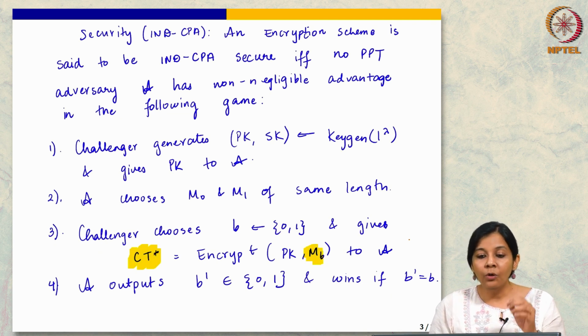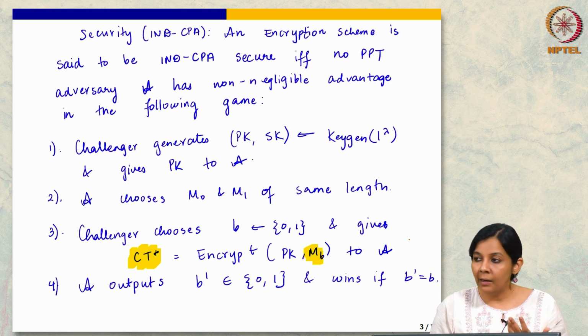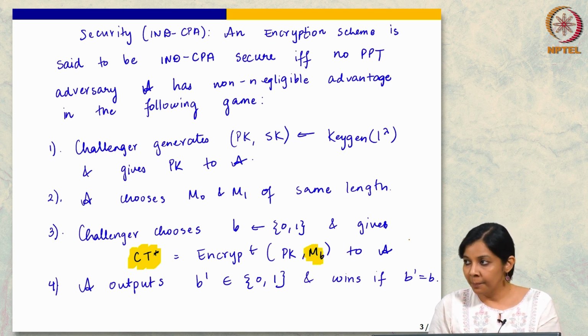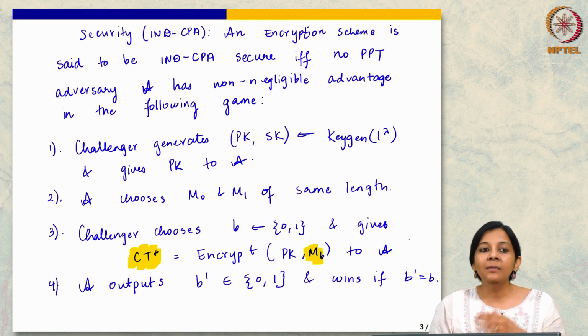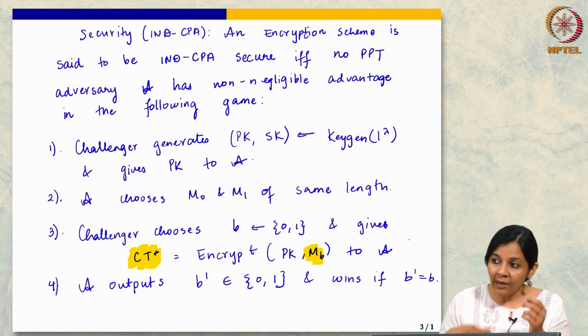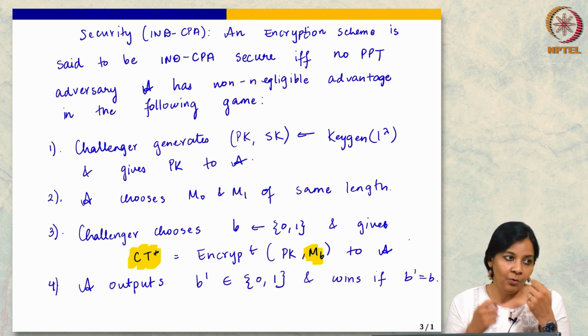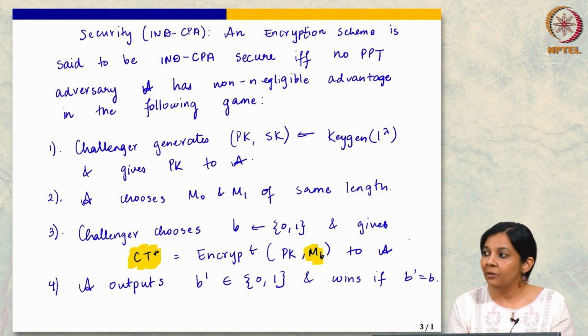What should this challenger do? The challenger is playing with the adversary and deciding whether the adversary won or not. But this does not in general say much about the security of the scheme, unless I can use the work done by the attacker to solve some hard problem.